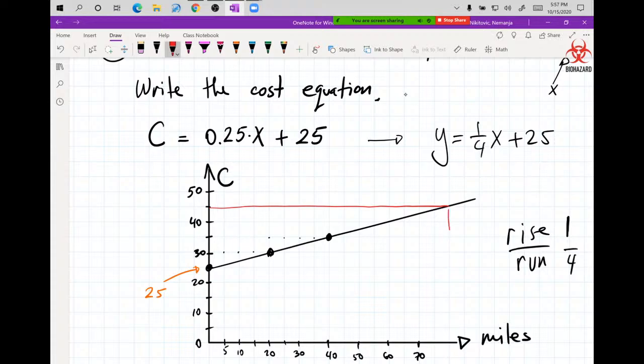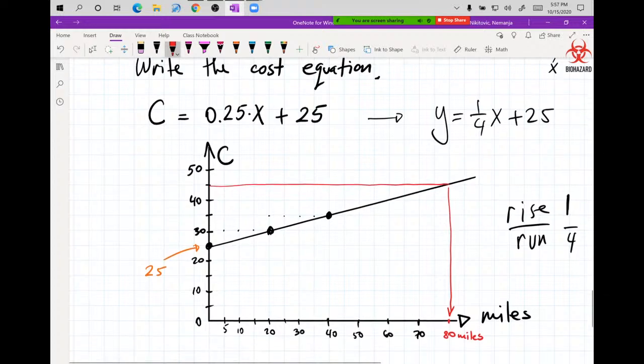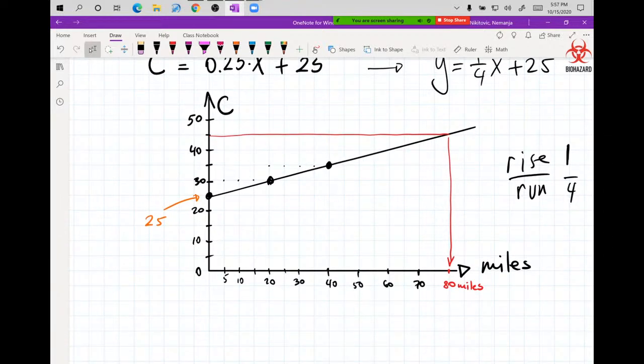And then you drop it down, and you see that you can go 80 miles for $45. This is how useful this graph is, because the intersection point here would be 80 miles, $45.